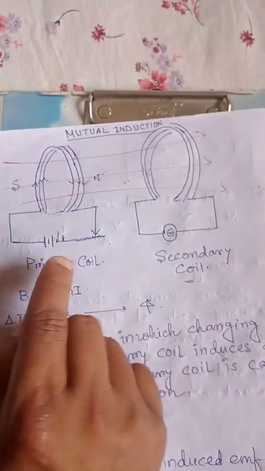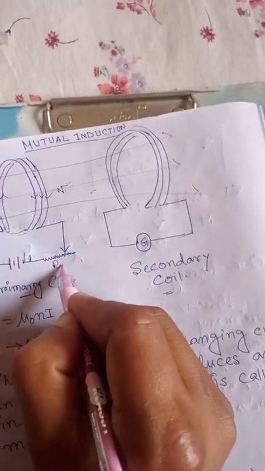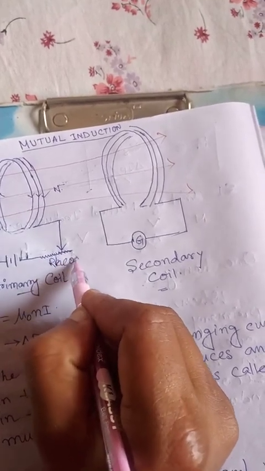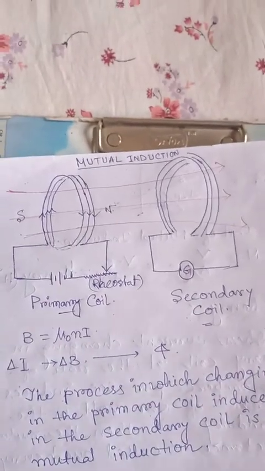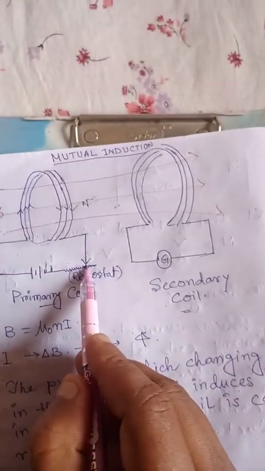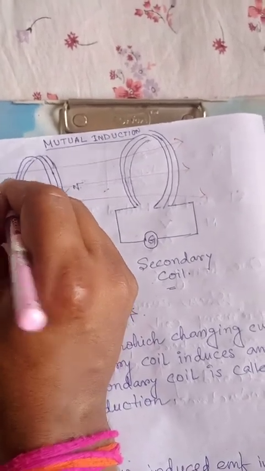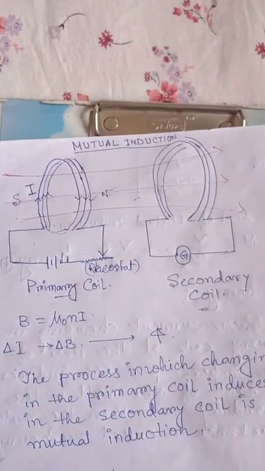If we change the current, if we use a rheostat, this is the rheostat here, and change the resistance, the current also changes. If we call the current I, the current in the primary coil will change.